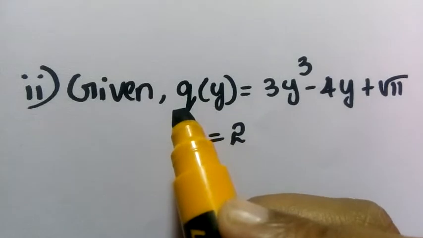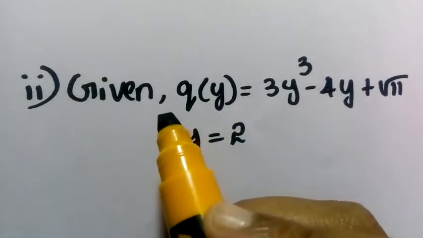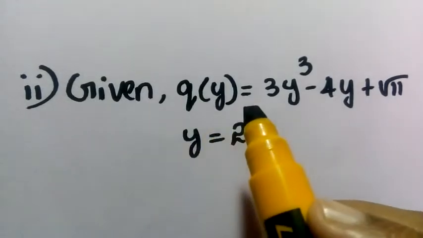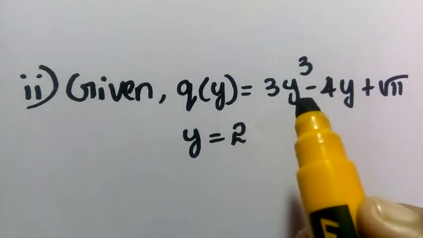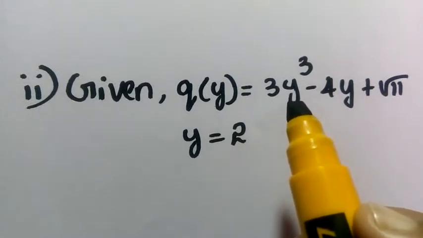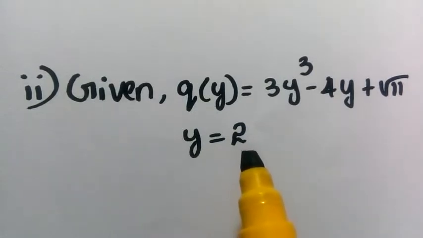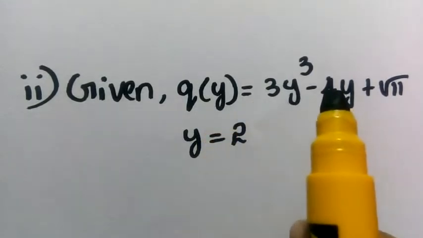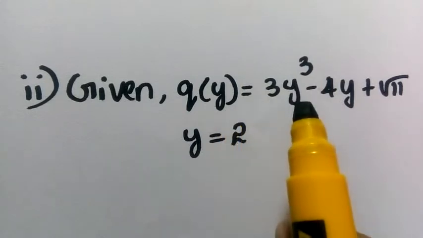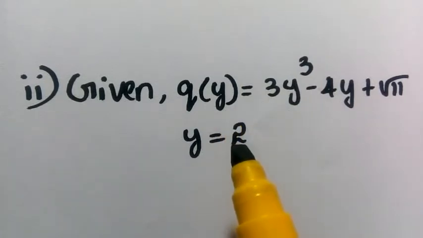Let us check the solution for the second question. Given q of y is equal to 3y cube minus 4y plus root 11. The indicated value of the variable y is equal to 2. So, in the polynomial, in the place of y, we need to substitute the value 2.